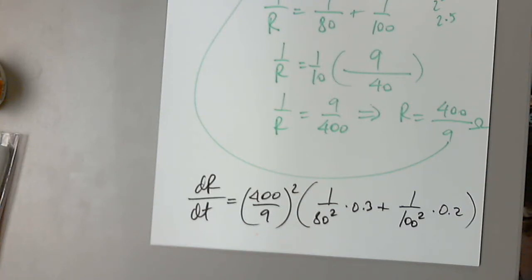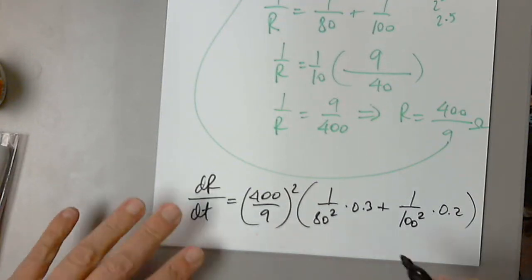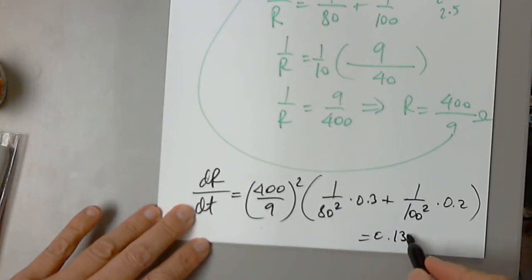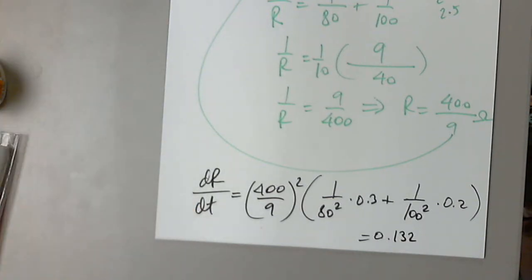Yes, I want to put parentheses, of course. So I have 400 divided by 9, everything squared, a left parenthesis again, 0.3 divided by 80 squared, and then plus 0.2 divided by 100 squared, and then close the parenthesis. I got 0.132. And what does this mean? 0.132. Measurement unit, please.